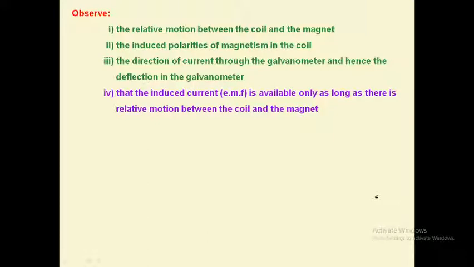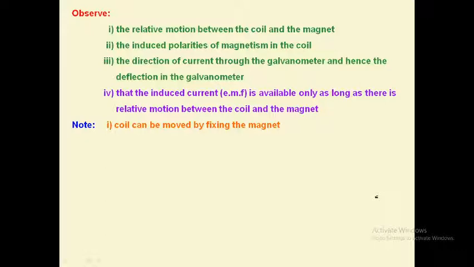In the experiment which we discussed previously, we observed that current appears in the coils so long as the magnet was moving. The moment the magnet stops, the current also vanishes.